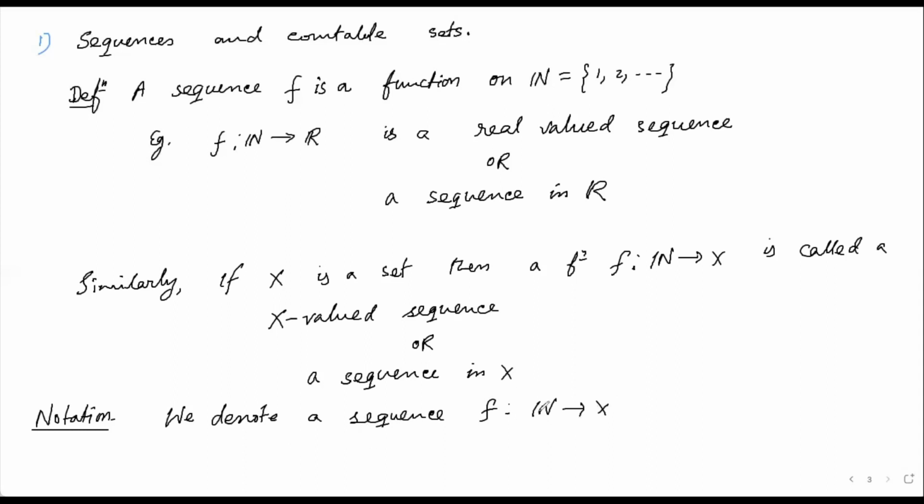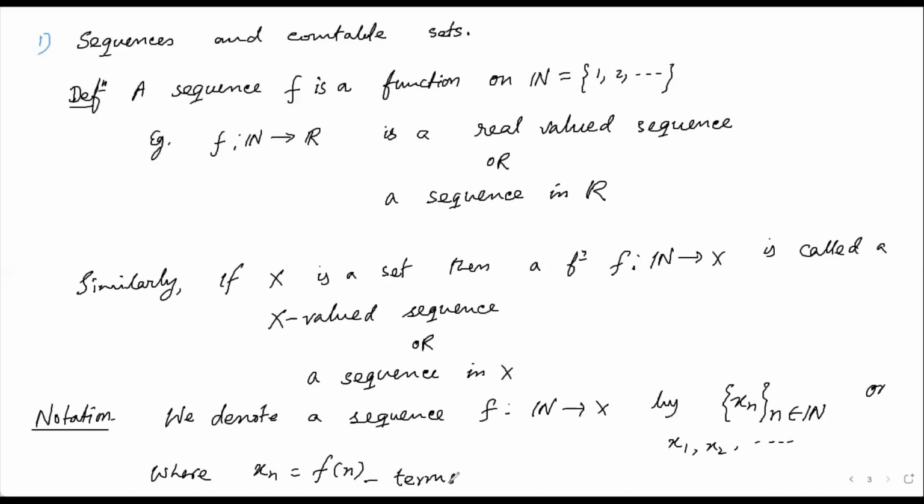If we denote a sequence f from N to X, so an X valued sequence, or a sequence in X, by xn, n belongs to the set of naturals, or in array x1, x2, and so on, where xn equals f of n, these are called terms of the sequence f.